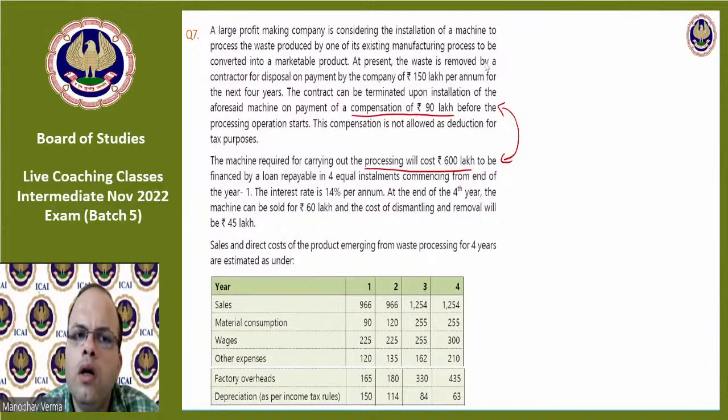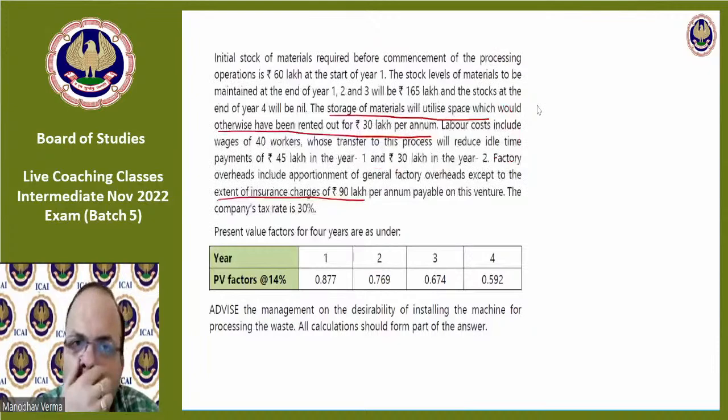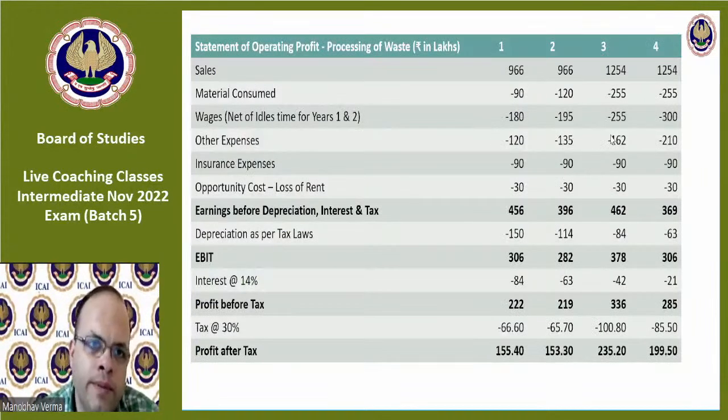Now, let us try to understand the overall impact in terms of the sales of the marketable product and also the initial outflow, and compare whether this seems to be a good venture or not. Let's talk about this one by one.